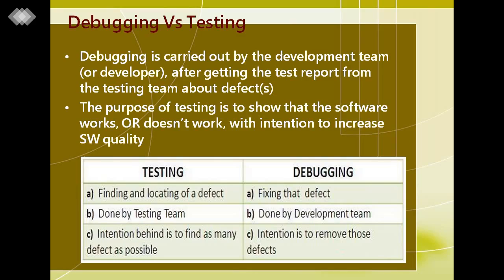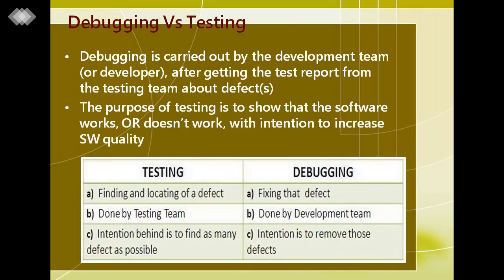So let's learn more about the difference between testing and debugging in tabular form. Now, the first point: testing is finding and locating defects. Debugging is fixing those defects. Testing is done by the testing team and debugging is done by the development team.